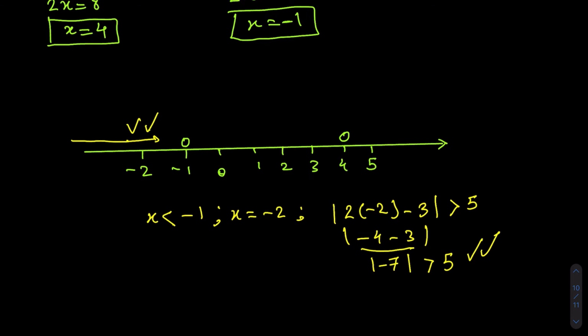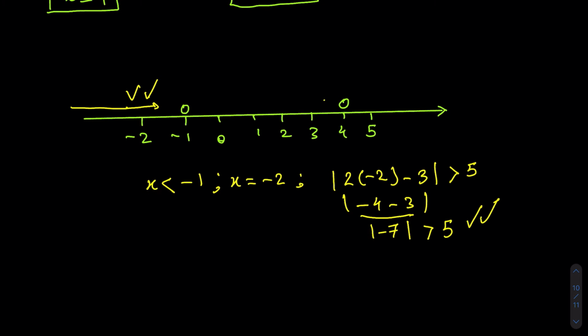That means if we approach 0, one of the critical values, from negative infinity, this is the answer. But how about the other critical value? Before moving to the other critical value, let's make sure that the area between these two critical values does not belong to the answer. Let's select one value between these critical values, let's say 0.